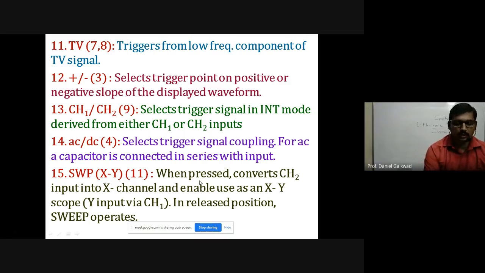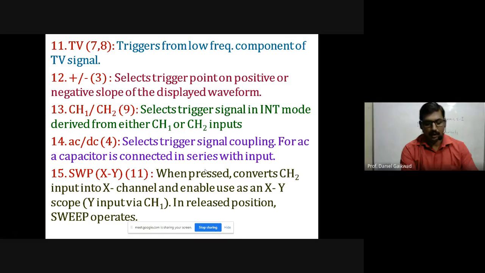When we press, there is overlapping of channel 1 and channel 2 via X axis and Y axis, and in release position, internal sweep will operate. So when we release the position, the internal sweep generator will display only one channel as channel 1.